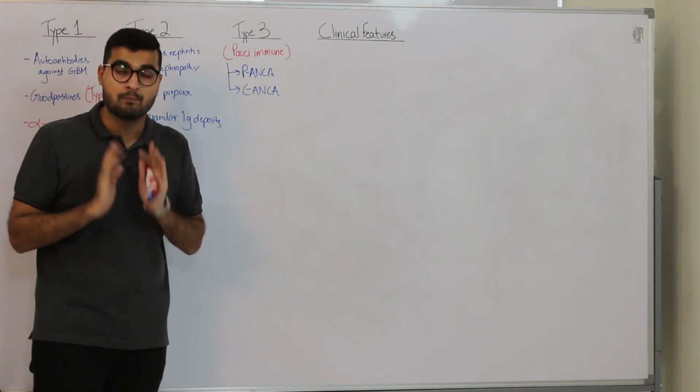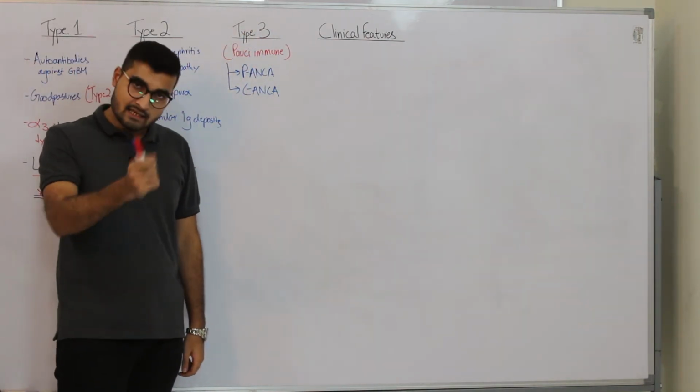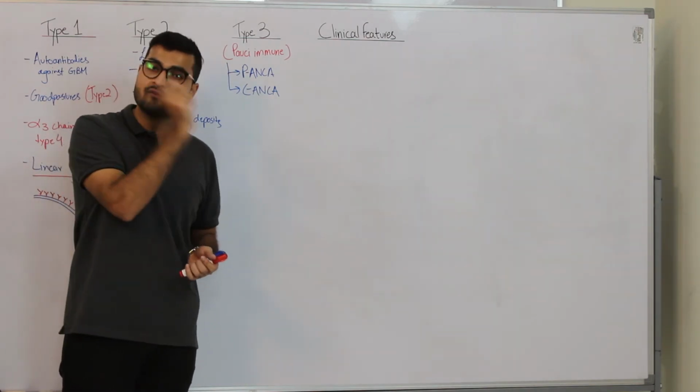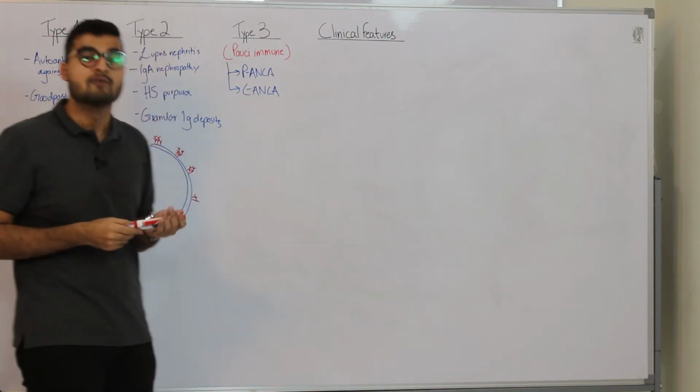circulating inside your blood. Now type 3 is either idiopathic in nature, or it could be secondary to Wegener granulomatosis or microscopic polyangiitis, basically secondary to vasculitis.